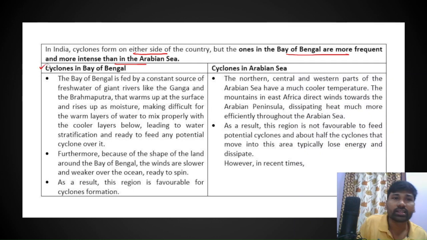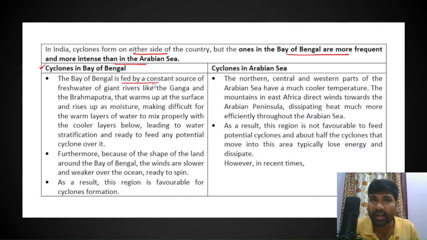Cyclones in the Bay of Bengal have certain characteristics and certain reasons for their origin. One reason that we need to understand is that the Bay of Bengal is constantly fed with fresh water from giant rivers such as the Ganga, Brahmaputra, and in the peninsular part of India, Krishna, Godavari and Mahanadi.